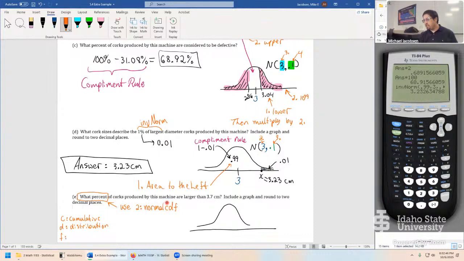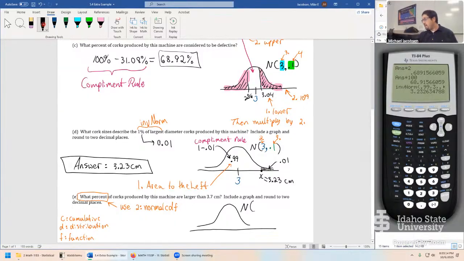F is function. Function just means process or algorithm or method. So cumulative distribution function just means cumulative adding up the area under this distribution, and it's a function that does that job. So it's a really built up acronym, but in probability theory, it comes up a lot. So the calculator also mentions it as well.